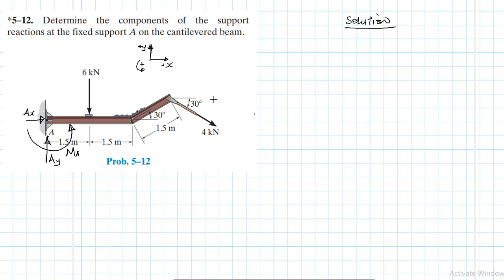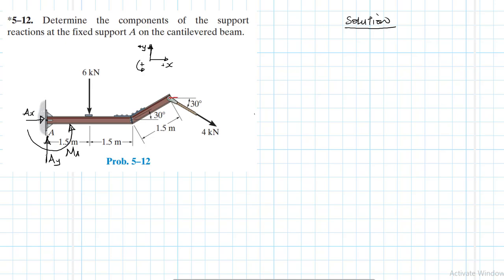Right, so having said that, let's also find the components of our 4 kilonewton force, because it's applied at an angle of 30 degrees clockwise from the positive x-axis.